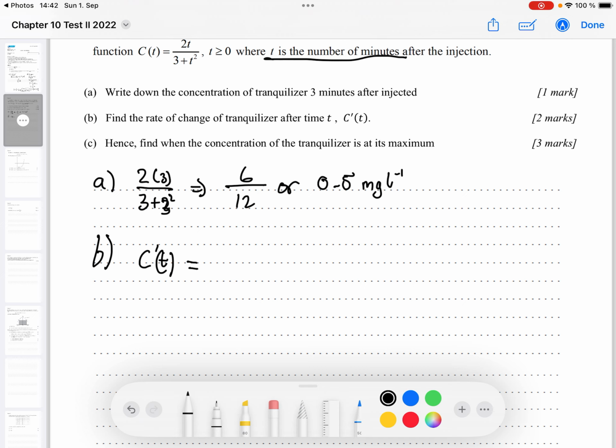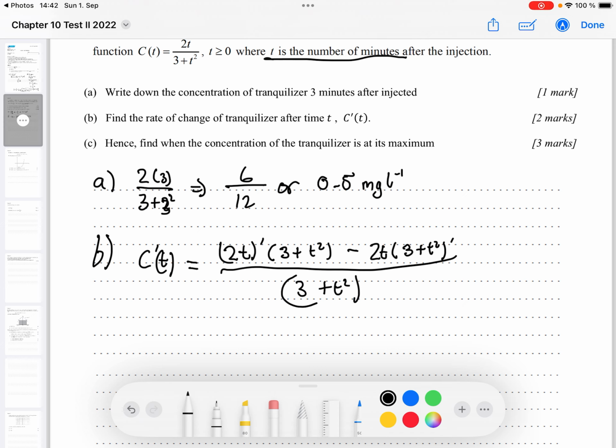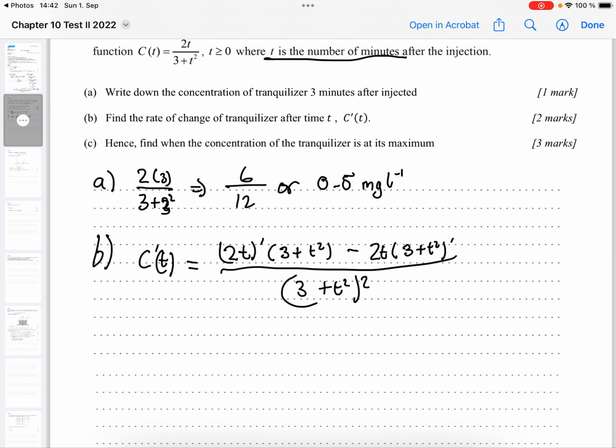So if we do this here, we have 2t derivative times 3 plus t squared minus 2t times 3 plus t squared derivative, and we divide all of this by (3 plus t squared) whole squared.